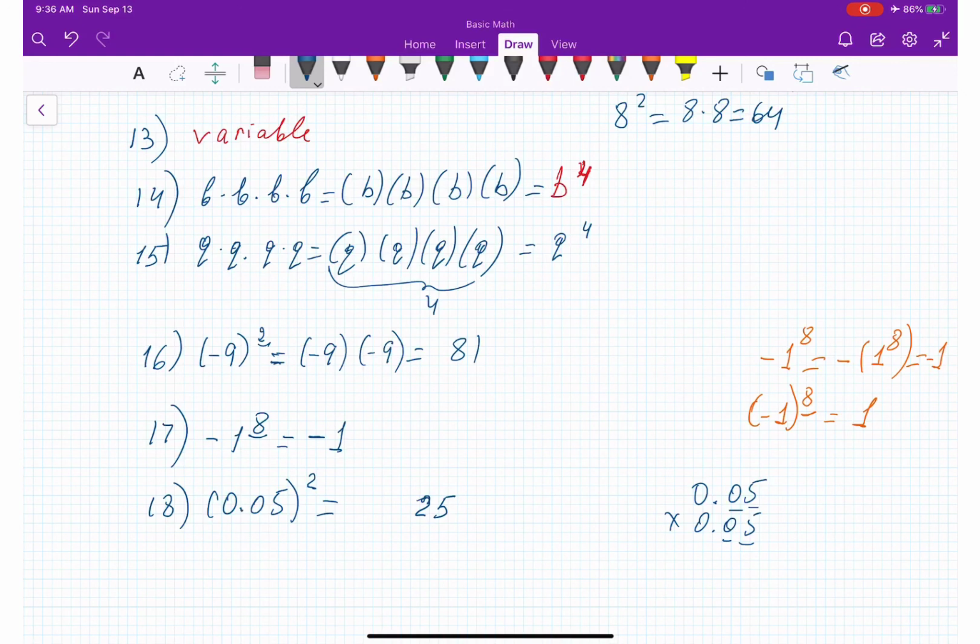Or you can here do 1, 2, and then times 2, because another 0.05. So 4. Here is my decimal at the end. 1, 2, 3, 4. This is my decimal, 0, 0. So the answer will be, write down clean, 0.0025.